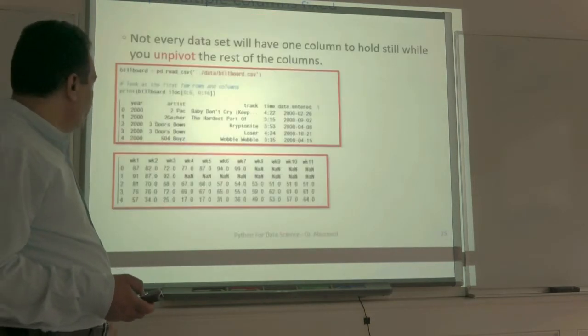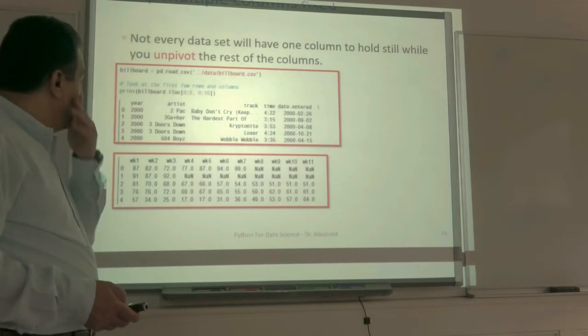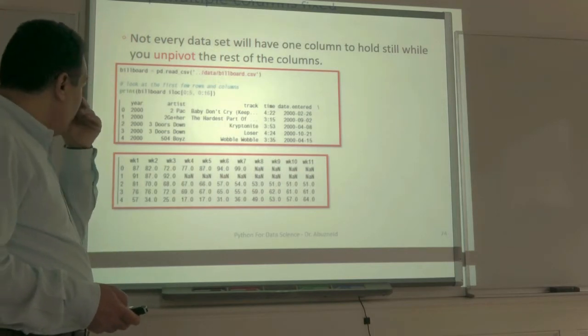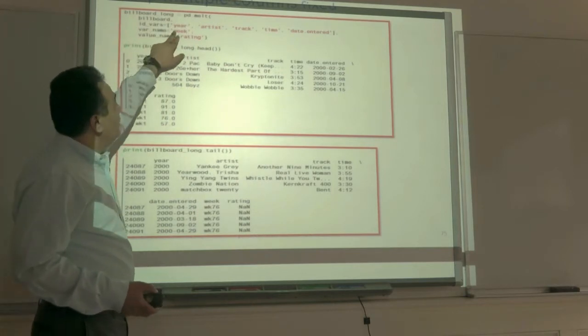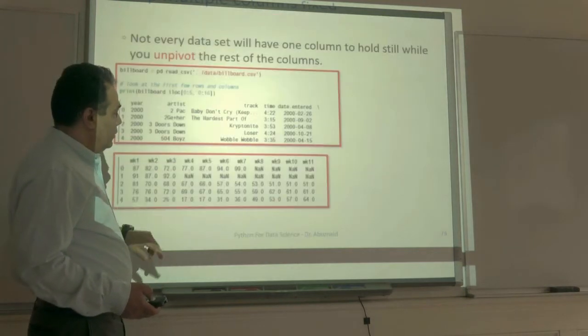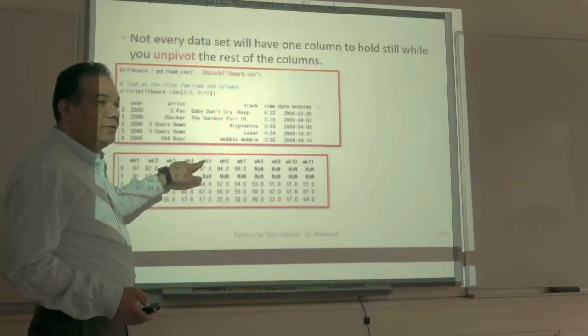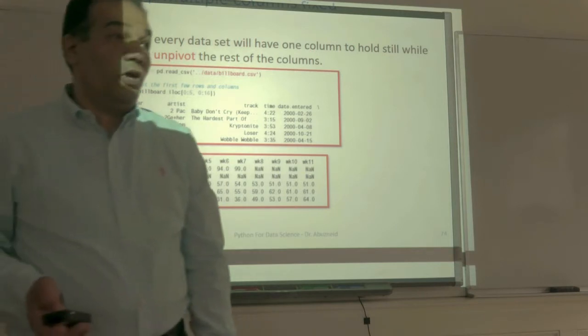What is everything else? The weeks. We're going to melt the weeks, and we're going to give that variable name as week, and the value is the rating. So the rating will be the value, and the variable will be the week.